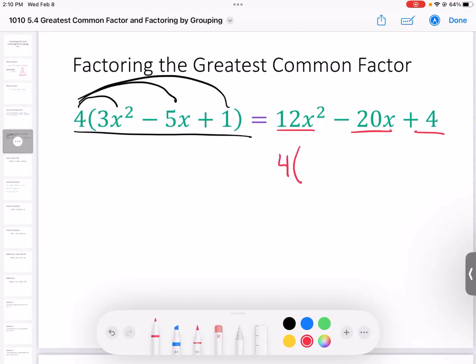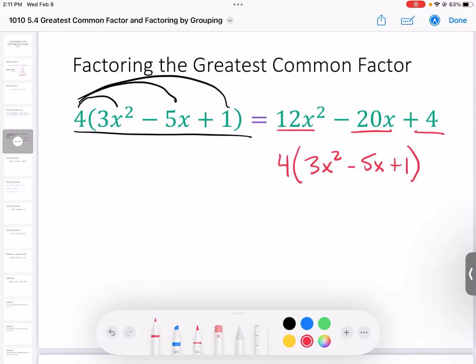And when I factor it out, I basically divide it out of each term. So 12x squared divided by 4 would give me 3x squared. Negative 20x divided by 4 would be negative 5x. And 4 divided by 4 is positive 1. And you can see what I did was I took this and I turned it into a factored form. And you can see it's the same as this.